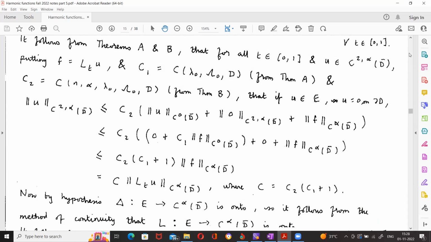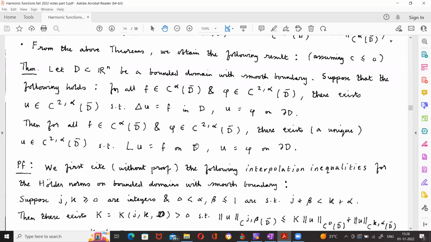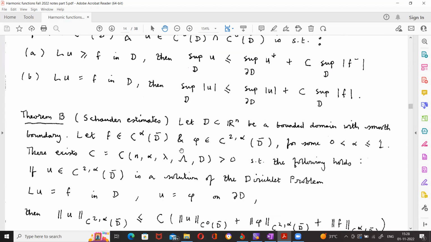So let me recall the Schauder estimate again. Here, we're taking U equal to phi on boundary D, where phi extends to a function in C2 alpha of D closure. If phi is 0 on boundary D, then I can just take the extension to be the 0 function.